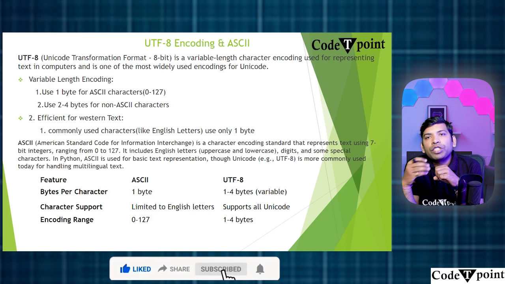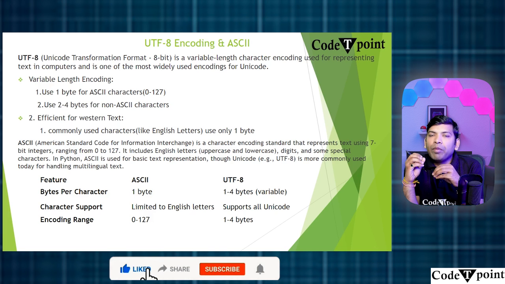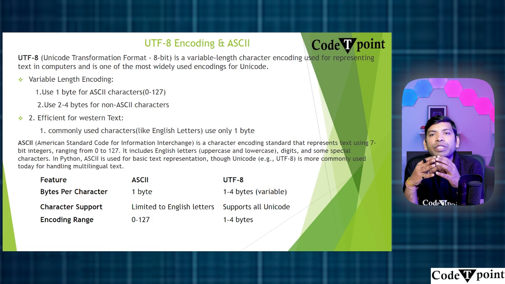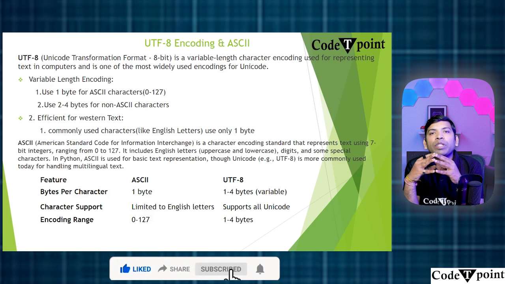It converts those languages into binary form, and then the machine understands the binary form and sends it back to us in terms of our high-level language, which is in the form of English. Let's discuss in detail the relation between UTF-8 and ASCII.